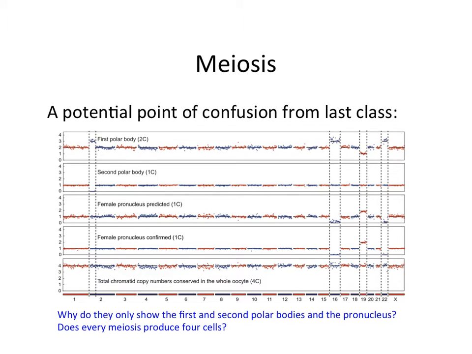So I want to clear up one potential point of confusion from last class. On the second slide, I put back the plot from one of the manuscripts that we've looked at in the past. We were talking last class about sequencing polar bodies to try to determine the genotype of an oocyte.